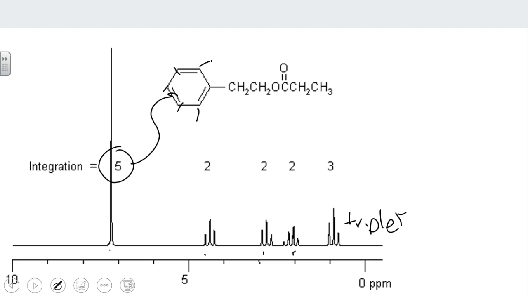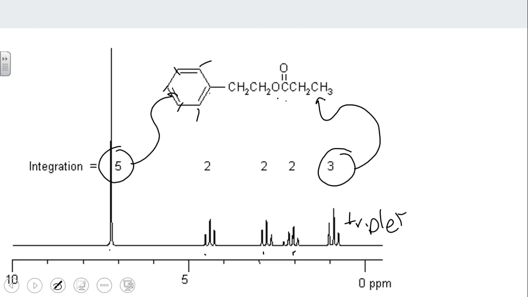Now, as we move along here, keep in mind that any electron withdrawing group, like oxygens and carbonyls, will pull the signals downfield, so you're going to have lots of interesting interpretation here.